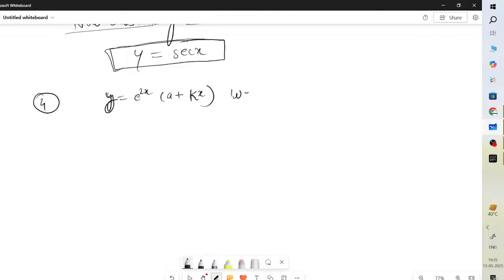We have to find the differential equation in the form of dy by dx.